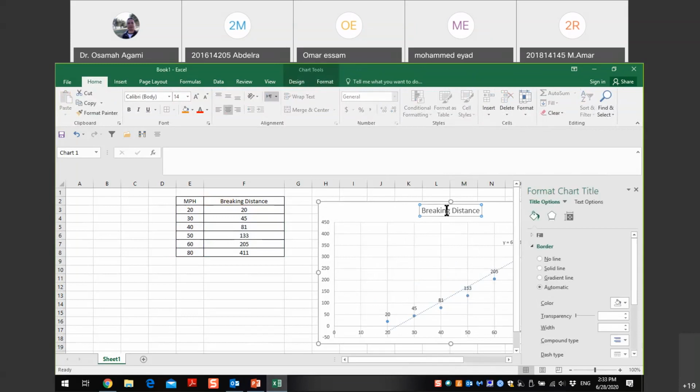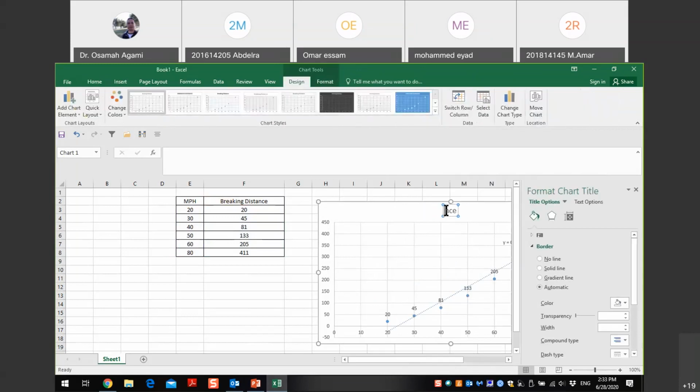Okay, so I just change this one and I'm writing linear regression equation for speed and the braking distance. Fine, okay, finish. Thank you.